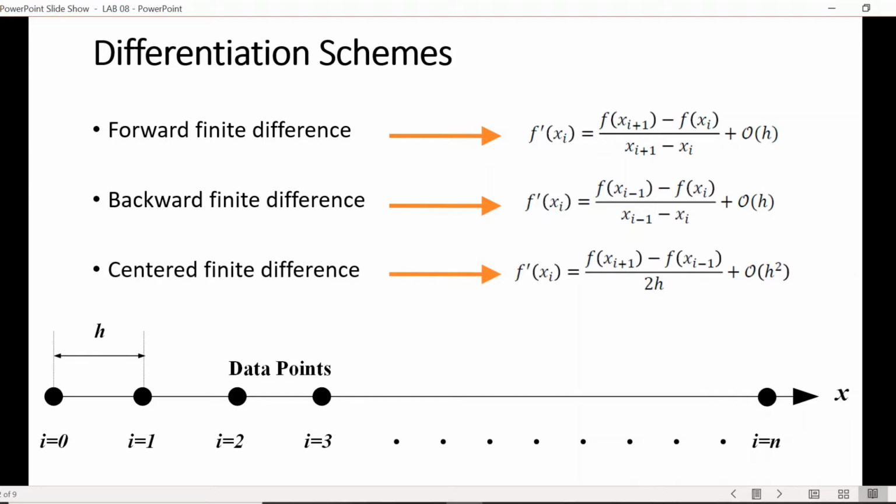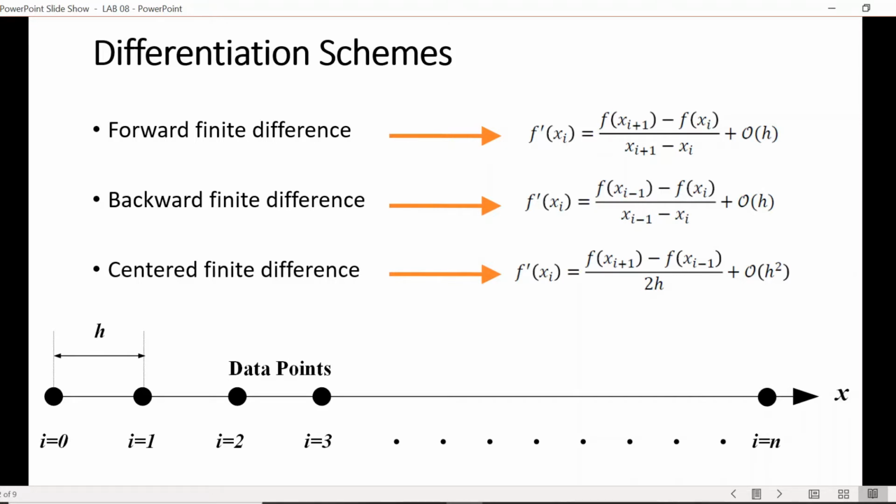to evaluate the derivative. Next, for backward finite difference, to evaluate the derivative at point I, we are required to know the value of the function at point I and one step back, that is I minus 1.